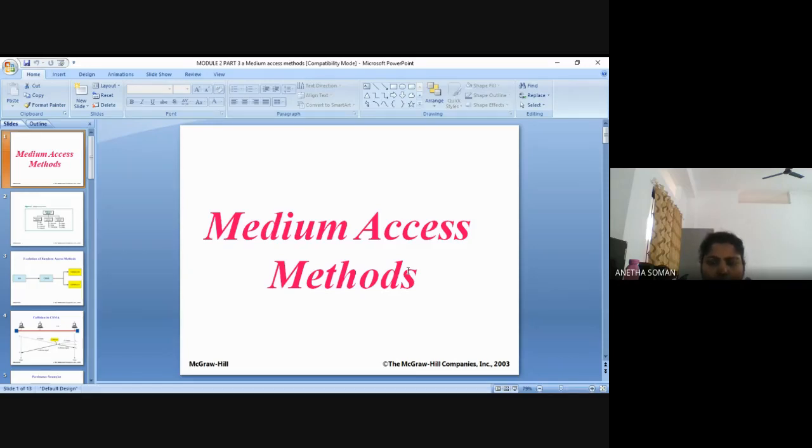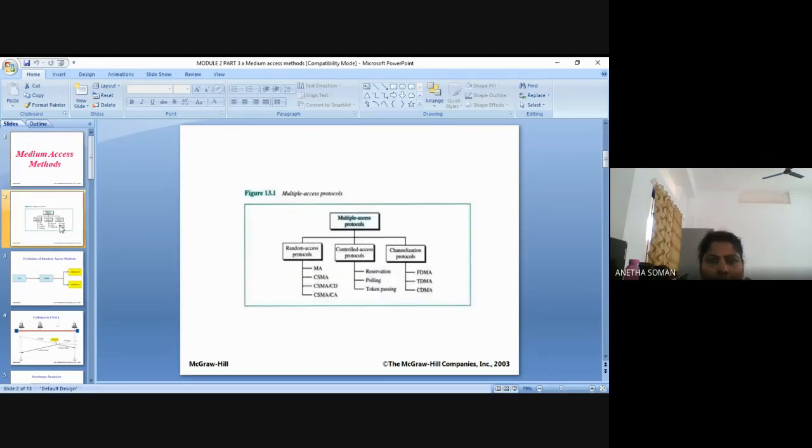The meaning is you need some procedure to handle the access to the link. Those procedures you can call protocols.